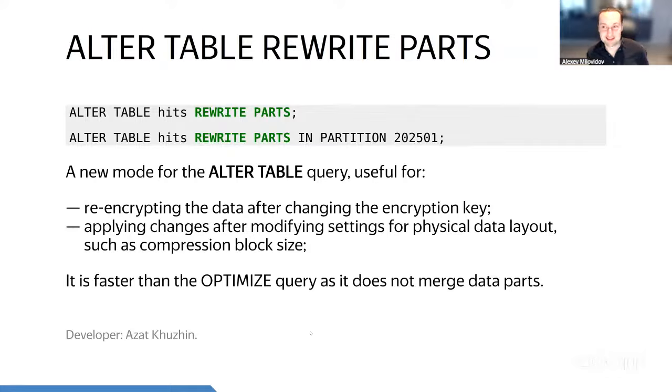Why do we need it? The first use case is when you use full disk encryption. In ClickHouse, you can configure encryption for your tables on a disk level, and it is independent of physical or low-level encryption.